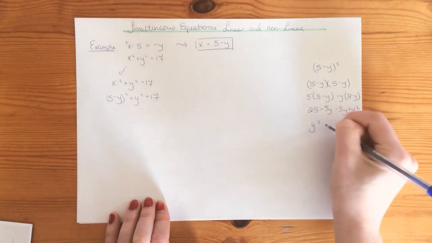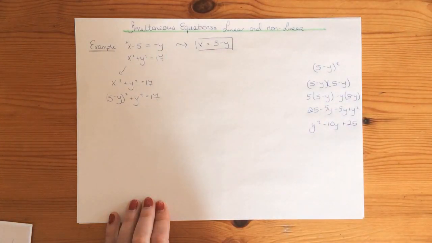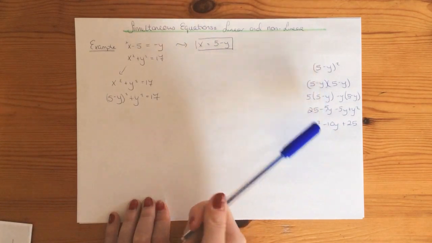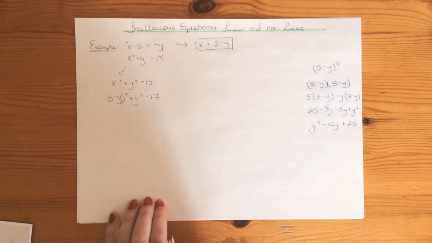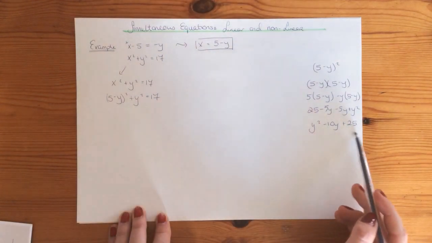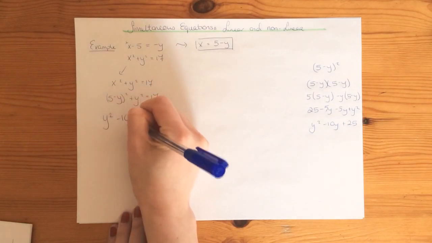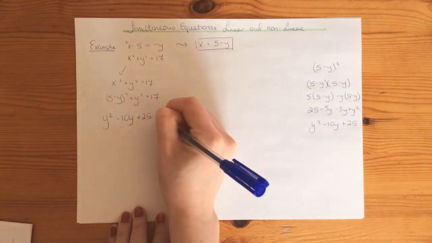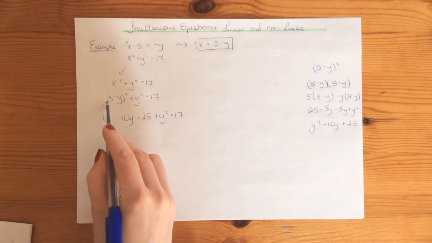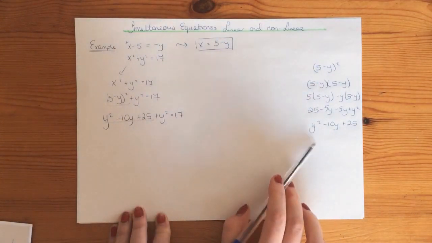That tidies up to 25 minus 10y plus y squared. If you need a little bit of practice of these, follow these notes or look back in your own copy at multiplying out double brackets. Now I can replace this with all of this here, so it's in single format: y squared minus 10y plus 25 plus y squared equals 17. This got replaced with this because I multiplied it out on the side.